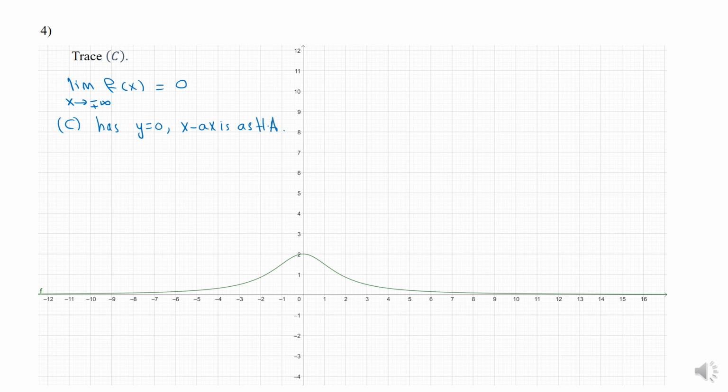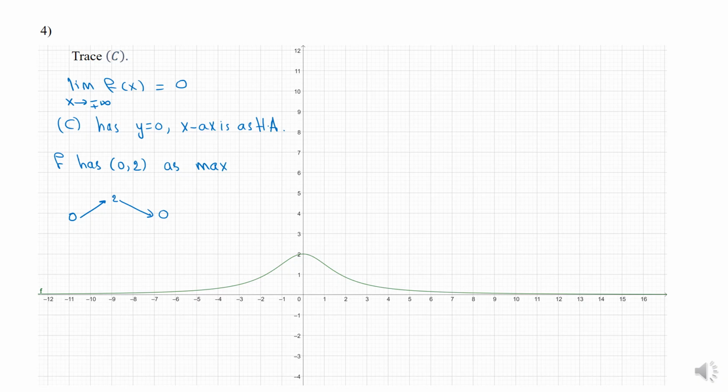Also, f has the point 0,2 as maximum. From the table of variation, the function increases from 0 to 2 and then it decreases to 0.